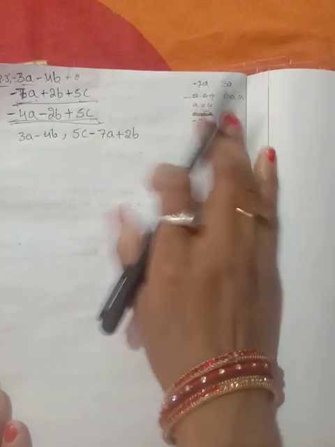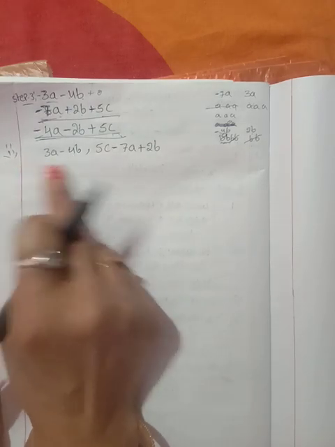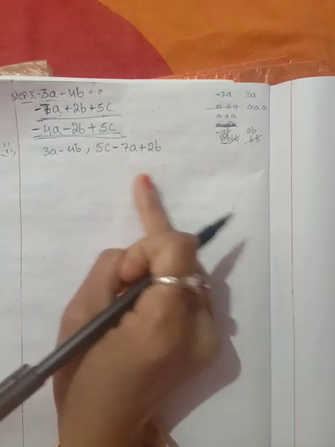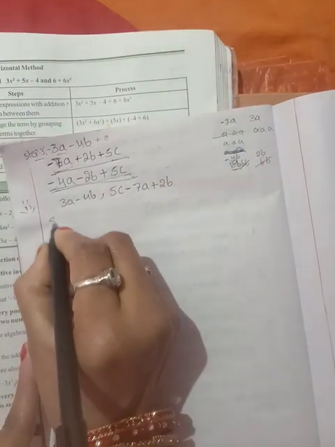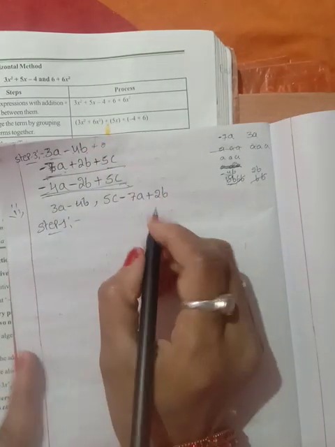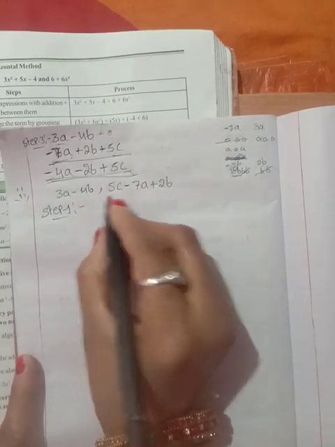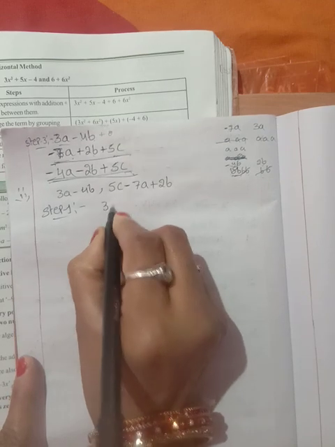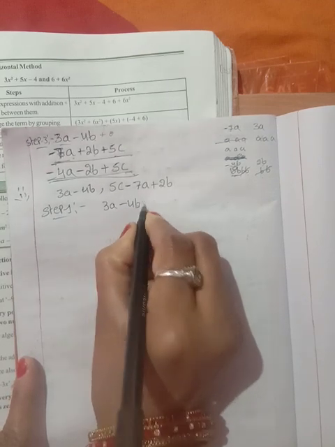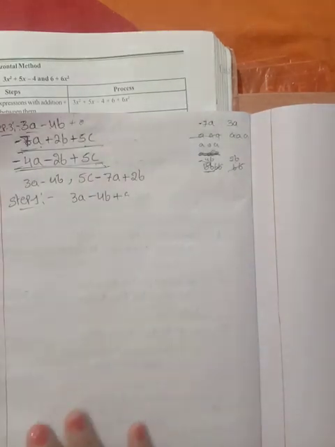You can write down different methods there. Here it is also our third example in the second method. The second method is the horizontal, row or horizontal method. Step 1: write both algebraic expressions using the plus symbol between them, in standard form.